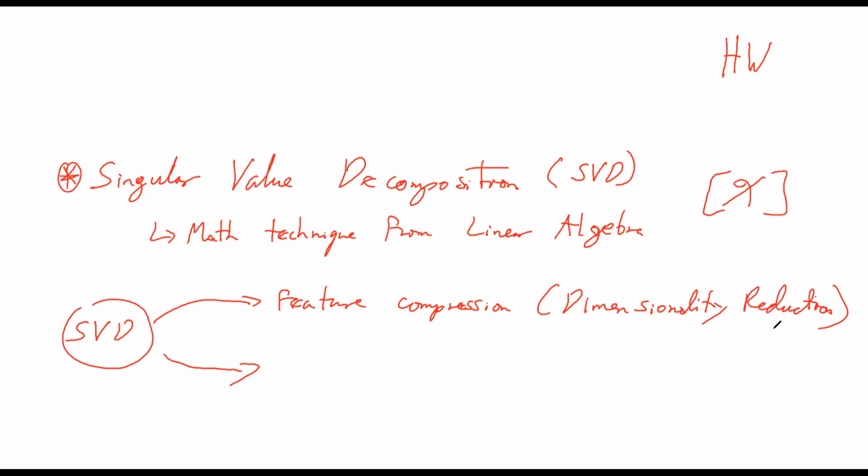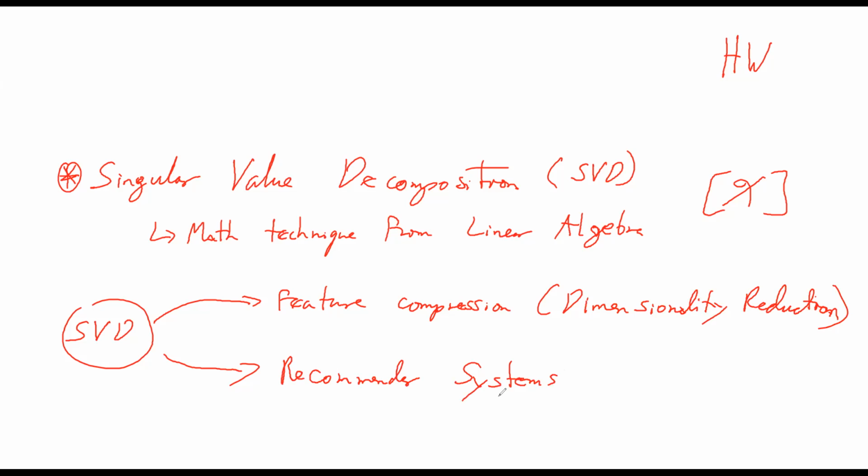So it can help us with dimensionality reduction, feature compression, and it can help us with recommender systems. Okay, so it's not feature ranking.